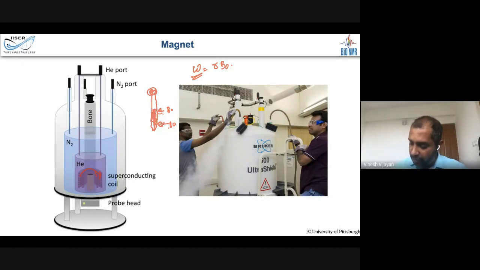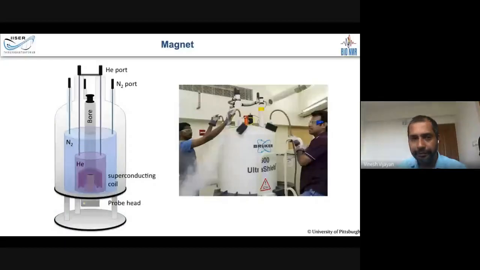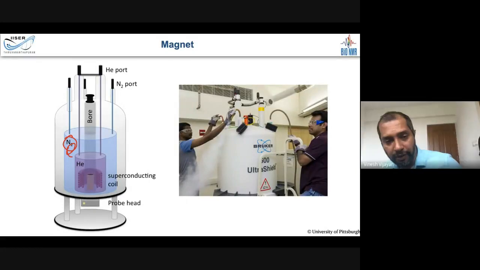Then, you don't want a direct temperature gradient from the outside room temperature to the liquid helium, so what we have is a nitrogen blanket, a liquid nitrogen blanket, on top of the liquid helium flask.